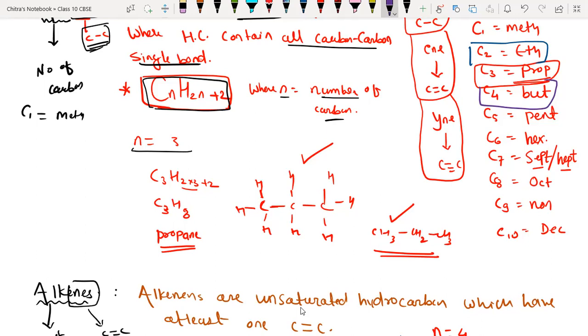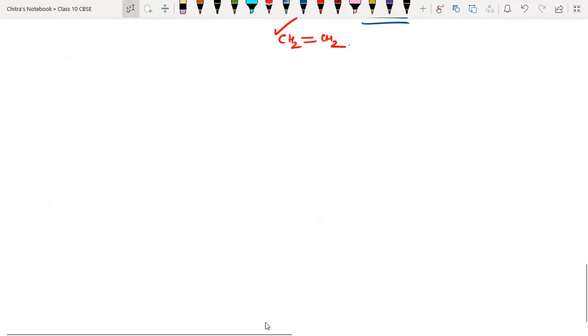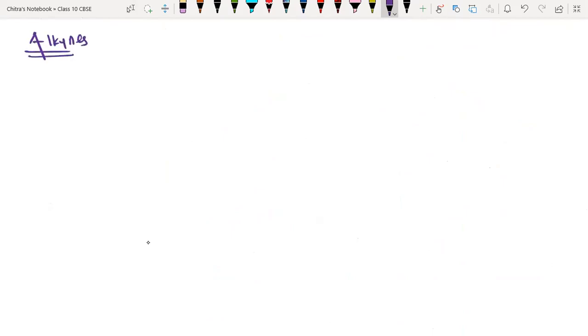Now we are going to understand alkynes, triple bond. So alkynes, again, alk means number of carbon, and YNE represents the carbon-carbon triple bond.